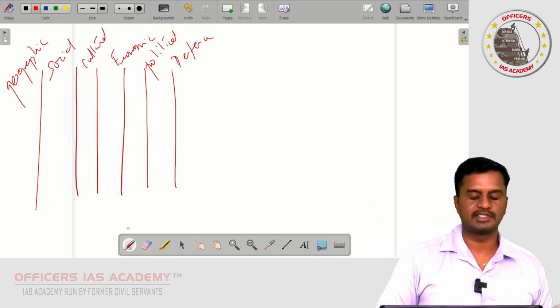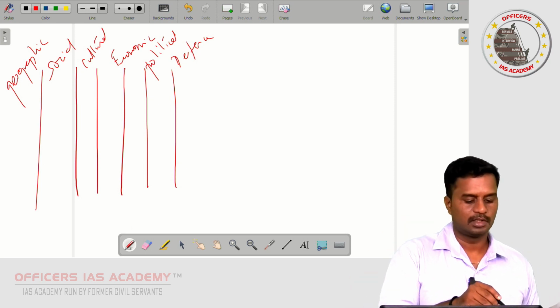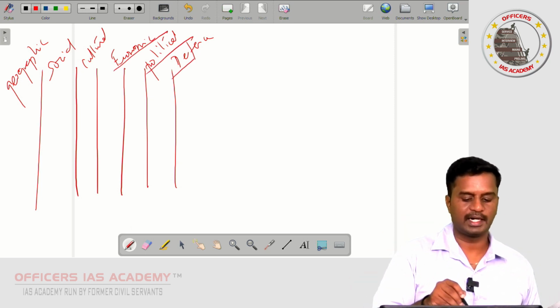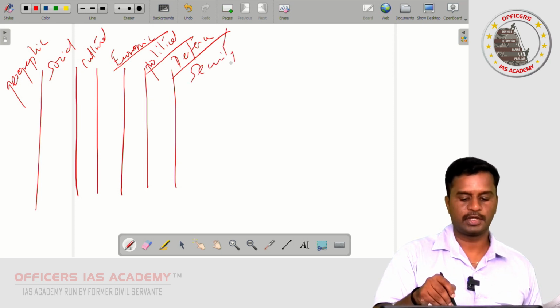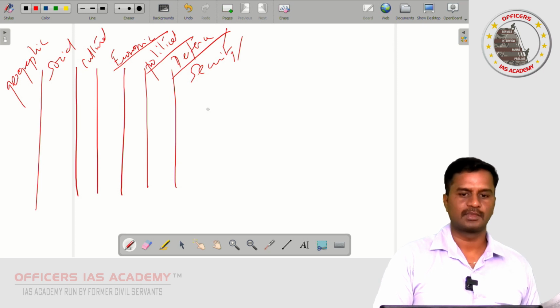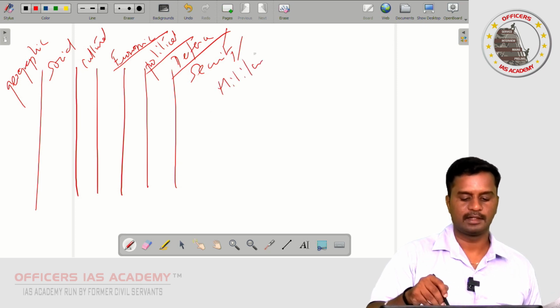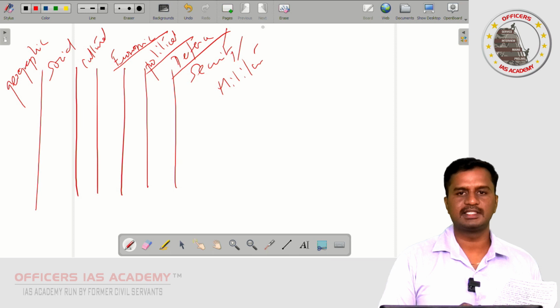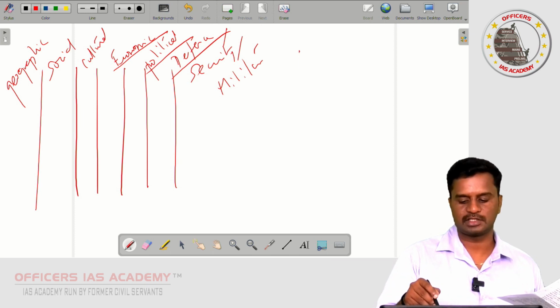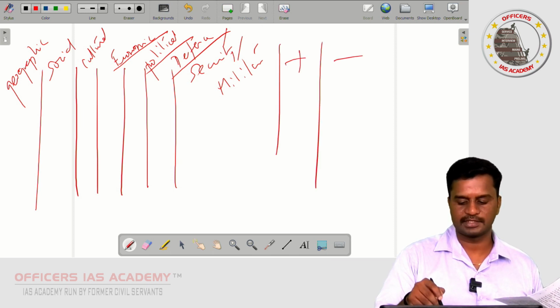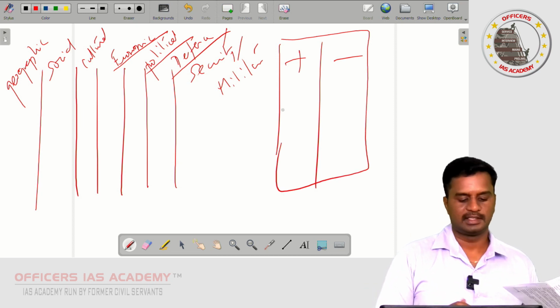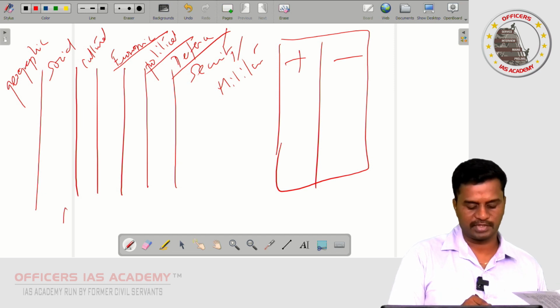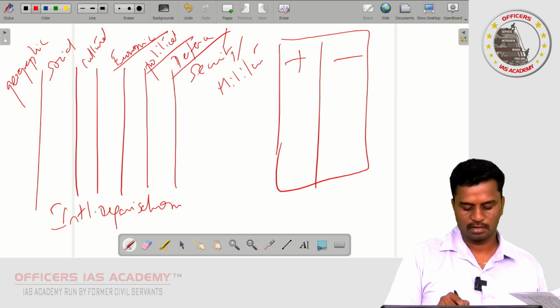Out of these 6 dimensions, 3 are very important: economic, political and defense. Defense dimension is also called security dimension or military dimension. Apart from these 6 dimensions, you should be able to analyze positives and negatives as far as relationships are concerned. Thirdly, associate this with international organizations.